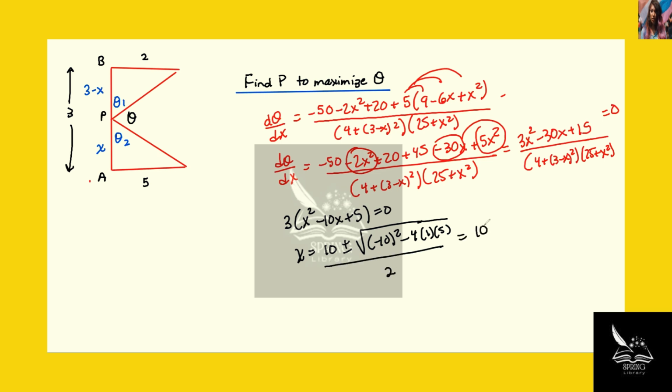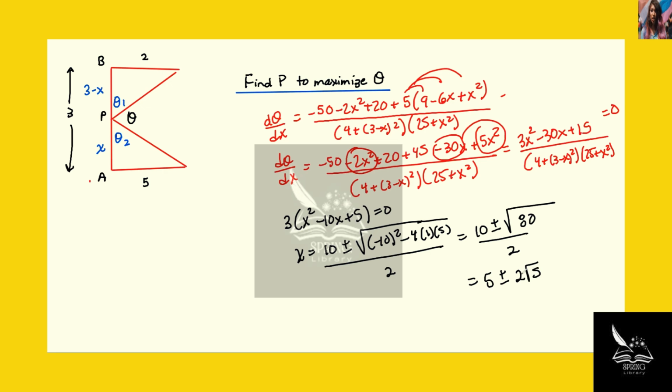So we get 10 plus or minus the square root of 100 minus 20, so that is 80, over 2. So 5 plus or minus the square root of 80, I can do 16 times 5, so 4 root 5, divided by 2, so 2 root 5.